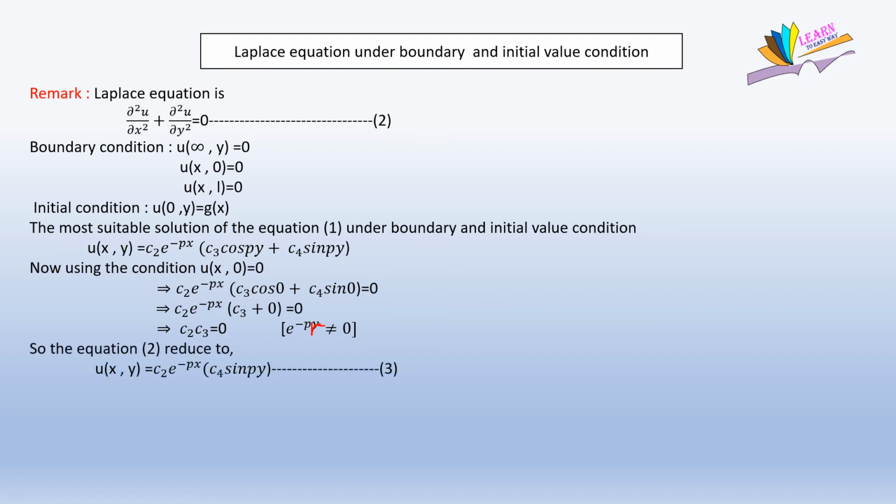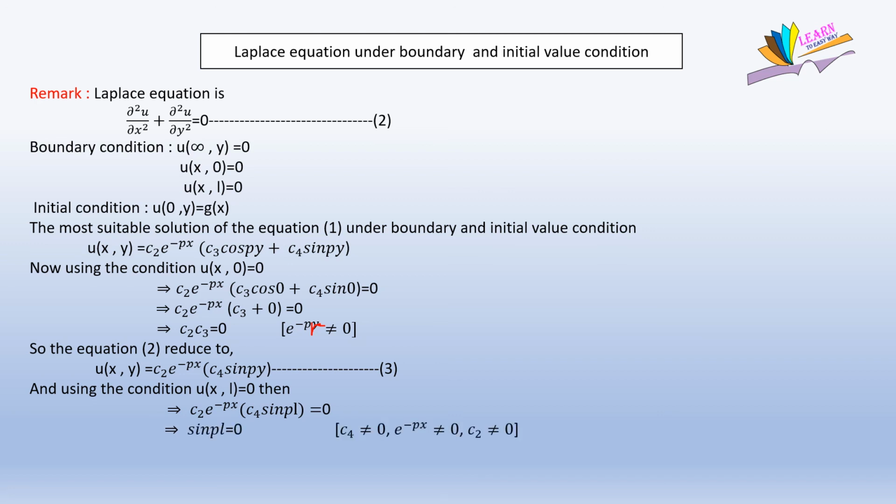So the equation 2 reduced to u(x, y) is equal to c2 e^(-px) c4 sin py. And using the condition u(x, l) is equal to 0, then we get c2 e^(-px) c4 sin pl is equal to 0.